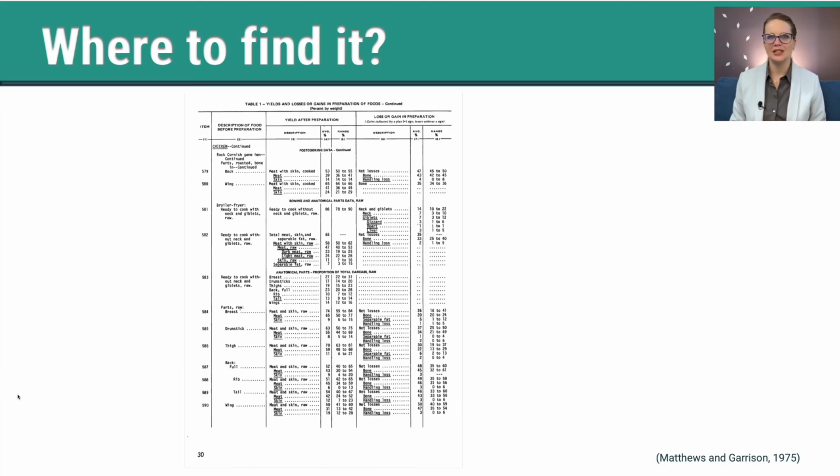So even though it's a bit old, we can use it as a source of edible and inedible parts. And again, you can find the link to access this PDF document down here in the description of this video.